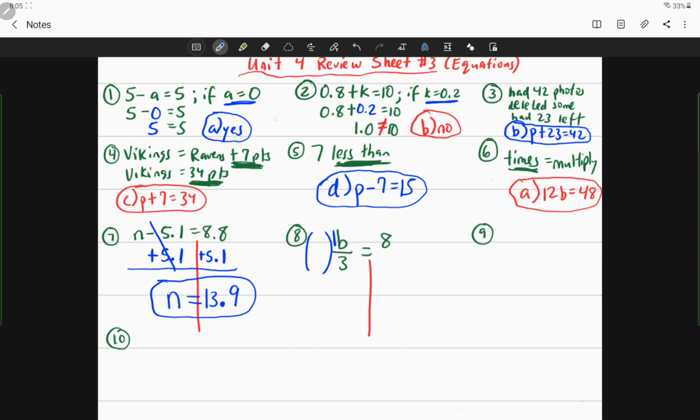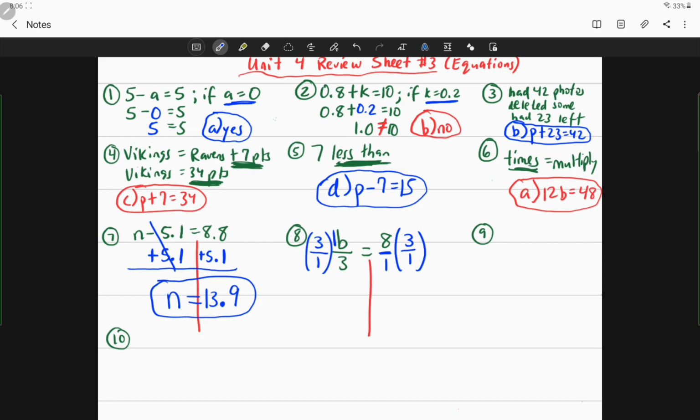So the reciprocal now of this fraction, 1 over 3, is actually going to be 3 over 1. Remember, whatever we do to one side, we do the same exact thing to the other side. So also multiply that by 3 over 1. And last but not least, we see the whole number is 8. Let's make it a fraction, put it over 1. Now we're ready to solve.